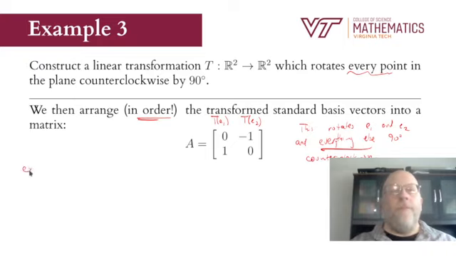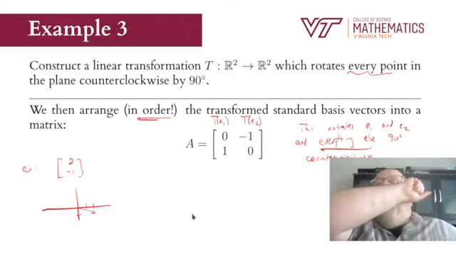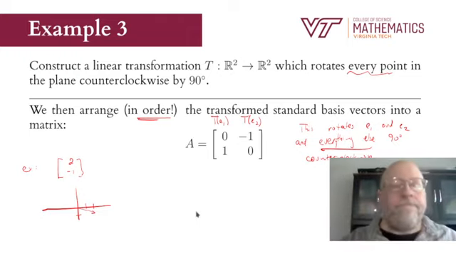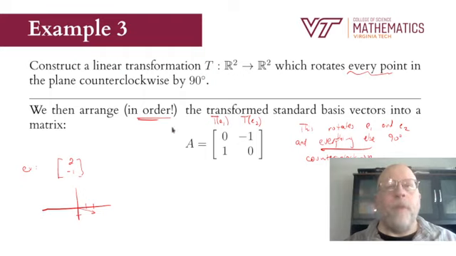So for example, if we took the vector, let's say 2, -1, and we applied this matrix to that vector, 0, 1, -1, 0, apply this to 2, -1.